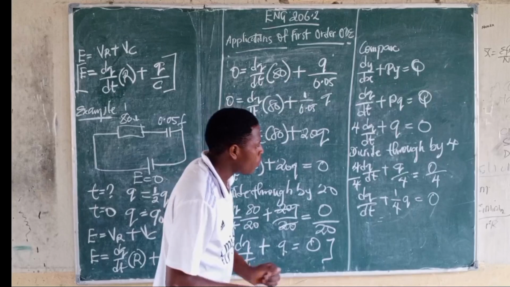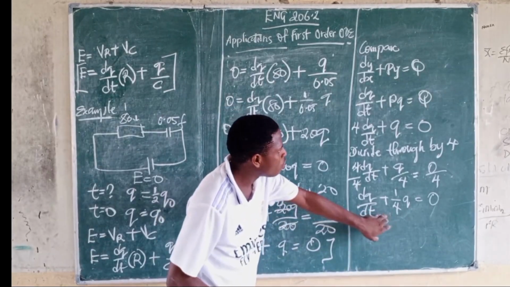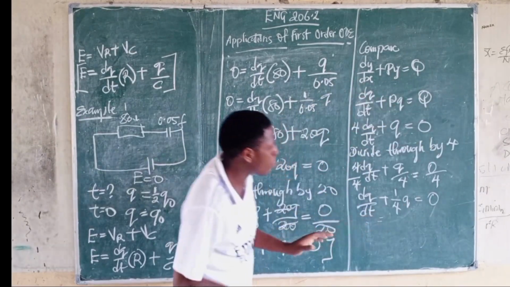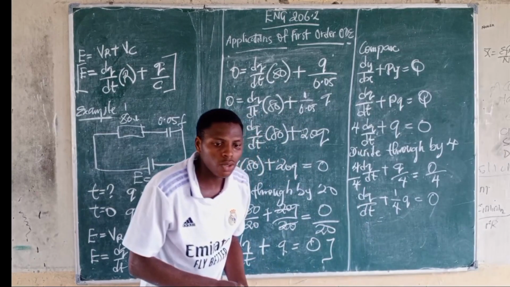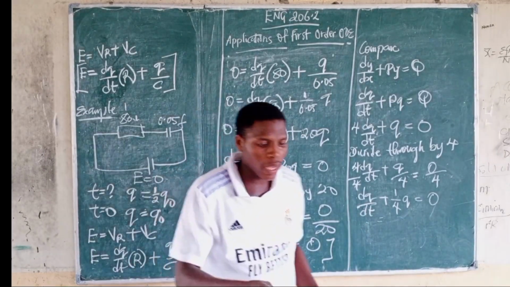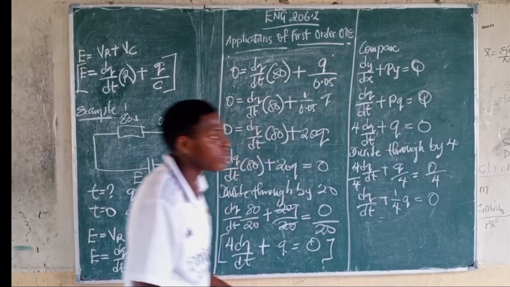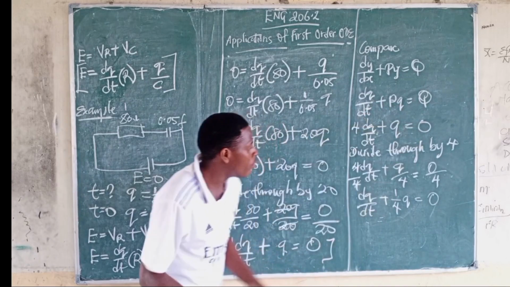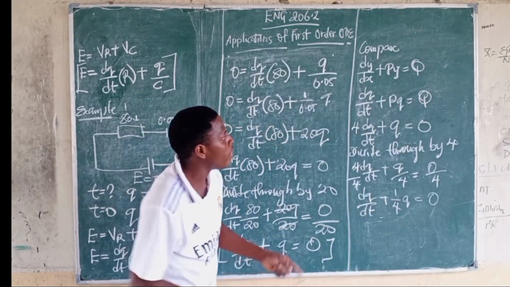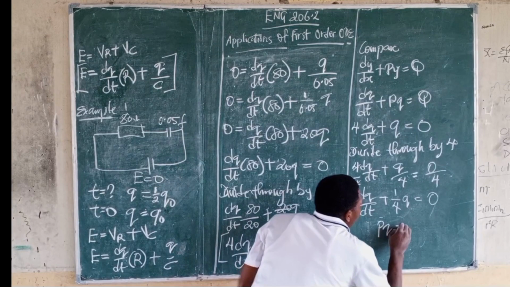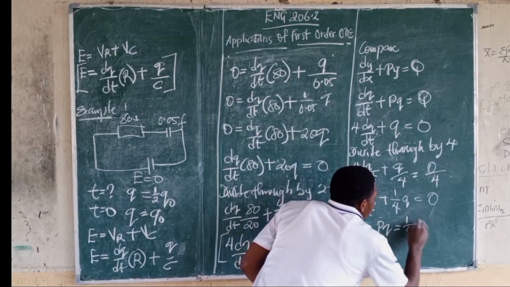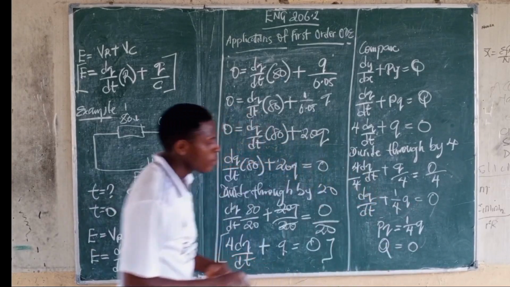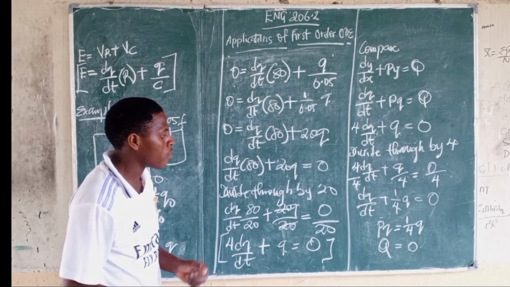Now, looking at your equation here, you can see that what you have is the same as what you want to compare, so now you can compare perfectly. I told you in integrating factor that when you compare, you are comparing to get P and Q. Our P will be equal to 1 over 4 and our Q from there will be 0.